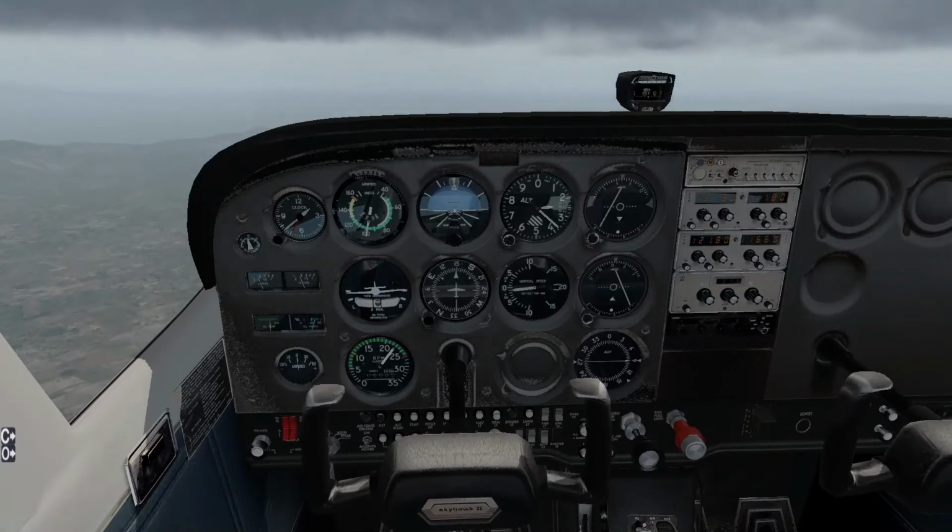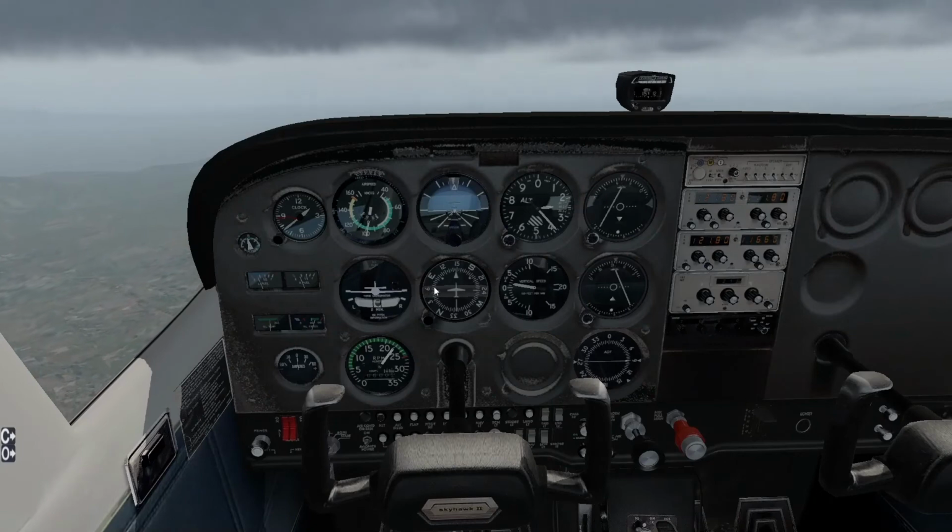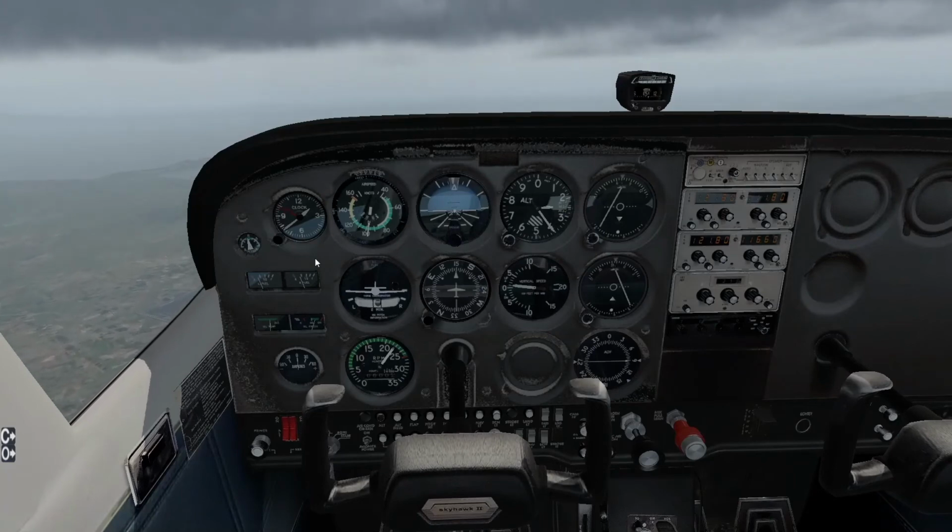For example, if I perform this left turn at a bank angle of 20 degrees, divided by 2 gives us 10, which means if I want to roll out at 060 degrees, I should start my rollout at 050 degrees. So let's execute that turn and see how it goes.